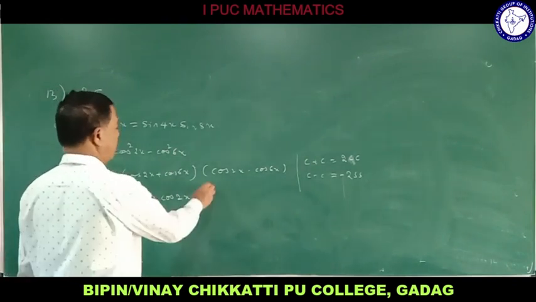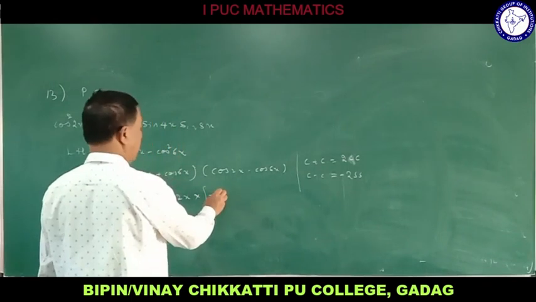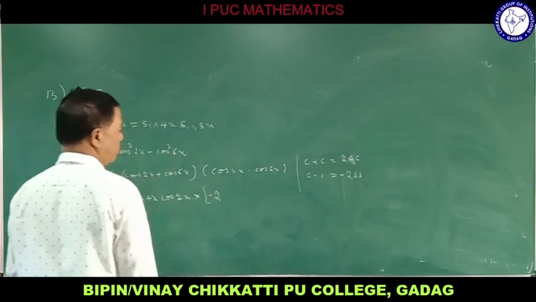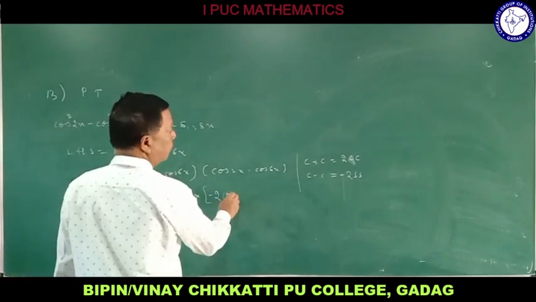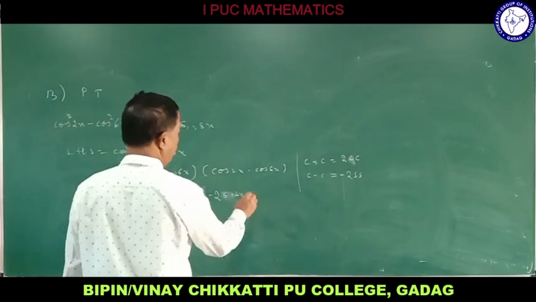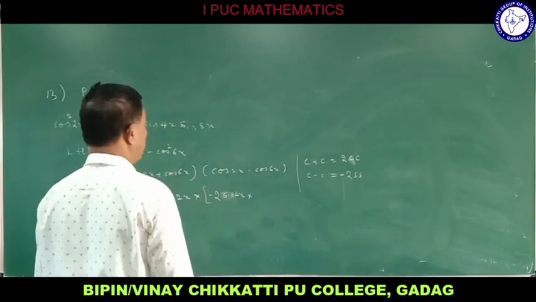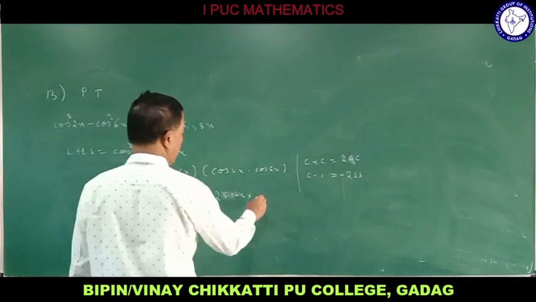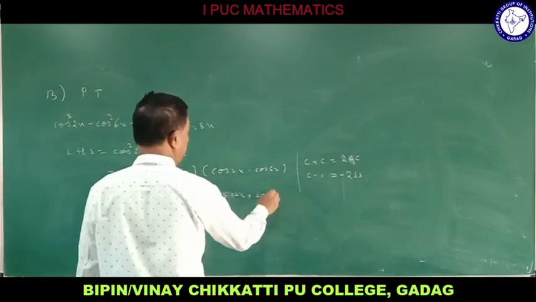And here you can apply the formula cos C − cos D, that is minus 2 sin of (2x + 6x)/2, which is 8x by 2, that means sin 4x, into sin of (2x − 6x)/2, that is sin of minus 2x.